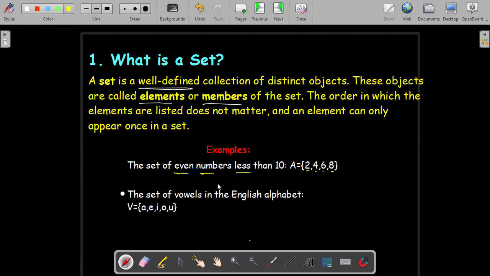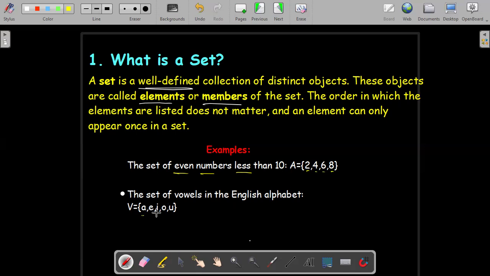Then on the second part, we have this example of the set of vowels in the English alphabet. The English alphabet has these vowels: A, E, I, O, U. These are the distinct objects or elements that are in this set, and they make up the set of vowels.